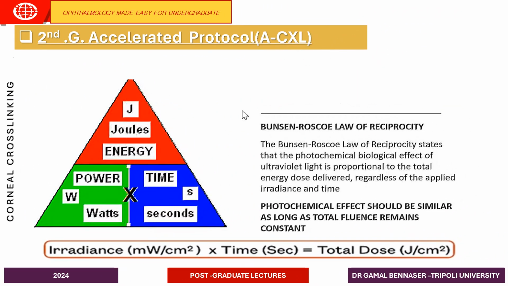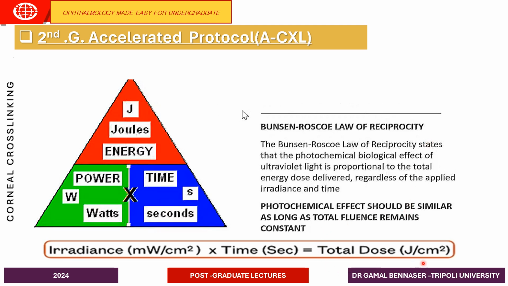The principle of accelerated cross-linking was invented after understanding the physical law, which is the Bunsen-Roscoe law of reciprocity. This law states that the photochemical or biological reaction to ultraviolet energy is proportional to the total amount of energy delivered, regardless of the applied radiance and time.